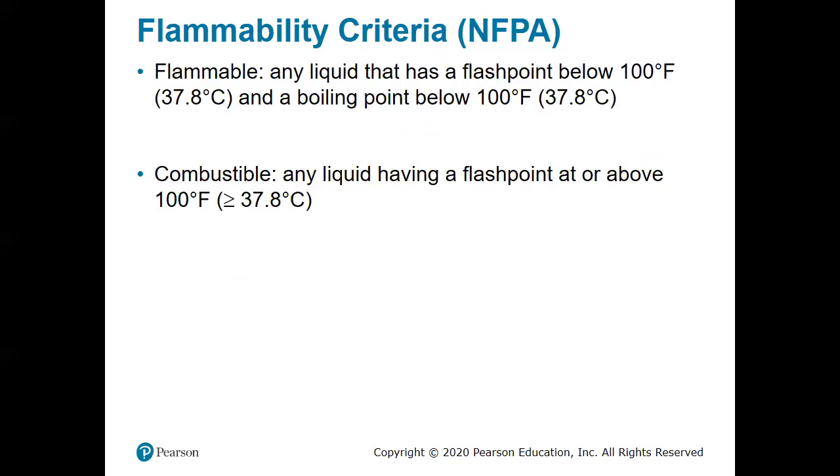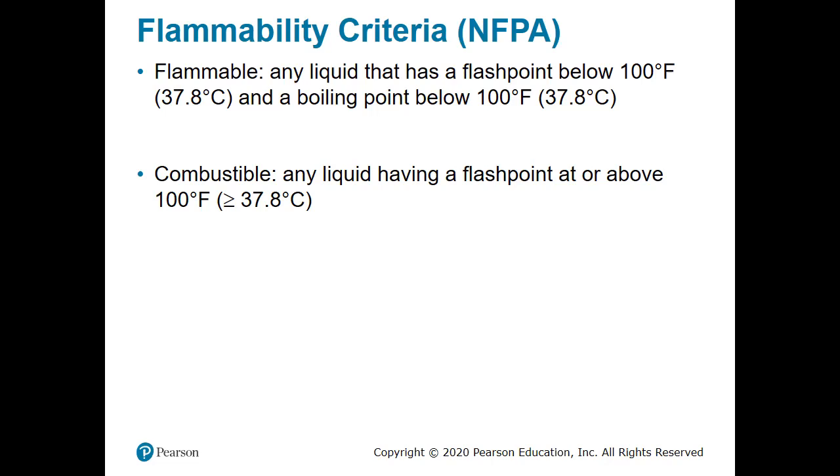Now, for the NFPA, there are two definitions. Again, you would think it would make a little sense that there'd be a little more common ground. And if you look close, there's some. But there is a distinction made by the NFPA here.